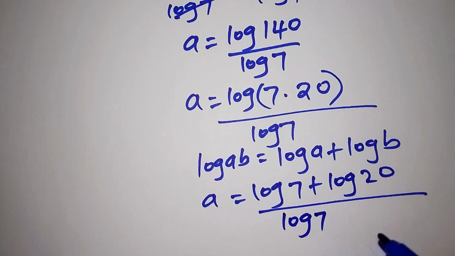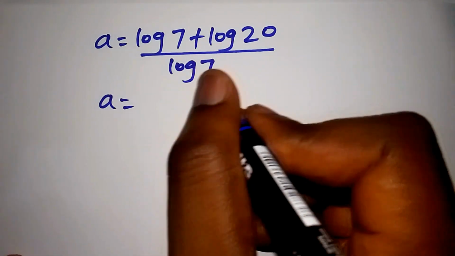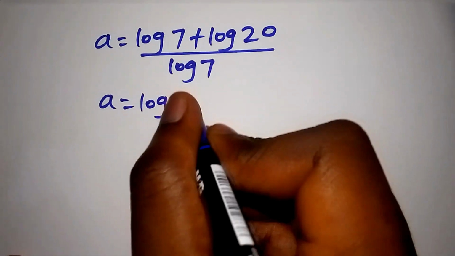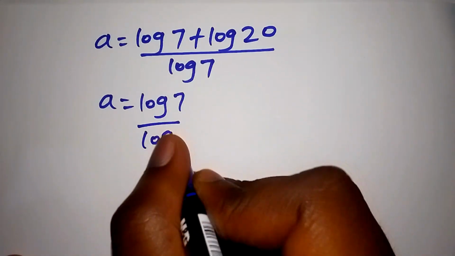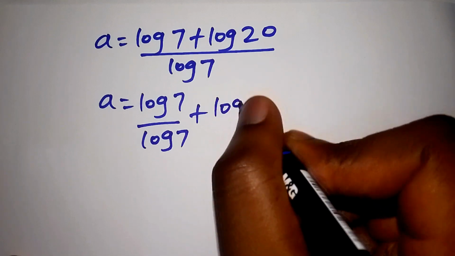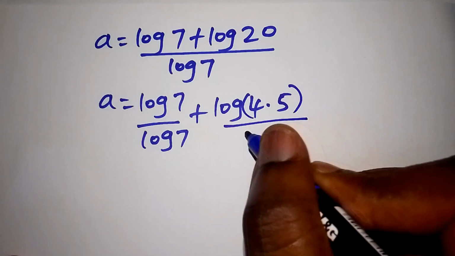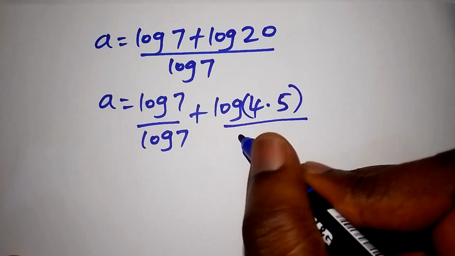Next, divide through by the log of 7. So we shall have log 7 over log 7, plus log 20, which can be written as the log of 4 multiplied by 5, all over the log of 7.